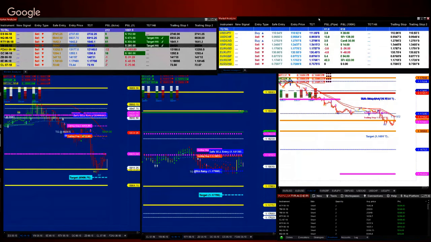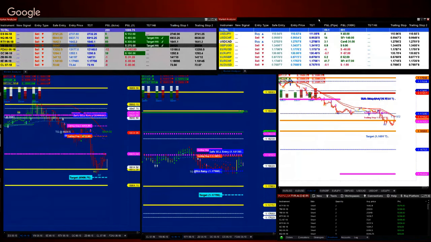You can see the entry signal, the new signal, entry type, safe entry. This is based on the pullback. Entry price, target, how many ticks we have on that automated trade, and it is live, it's not a replay. And then your P&L, and once the target is hit, we get the target hit.